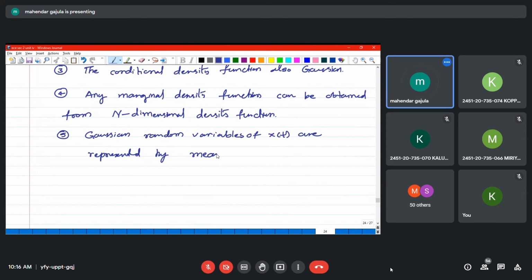Mean and variance are sufficient for a random variable, but whenever many random variables are there, covariance is also required. So this is about Gaussian random process.